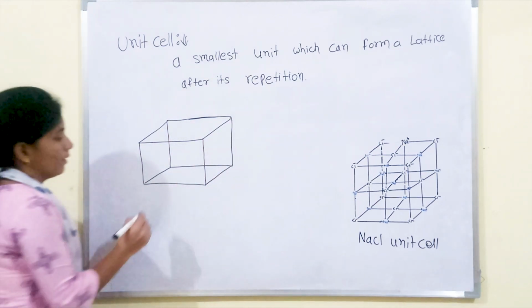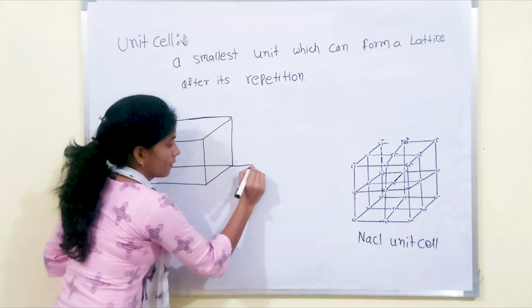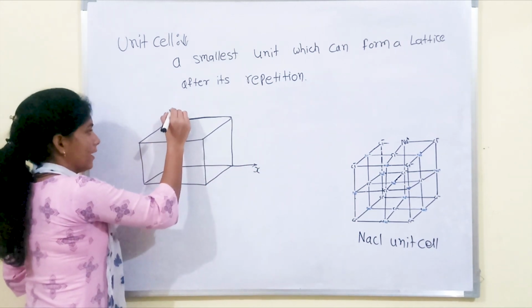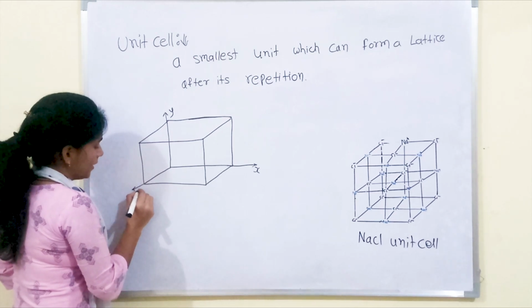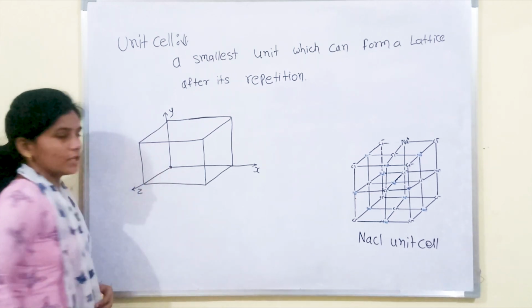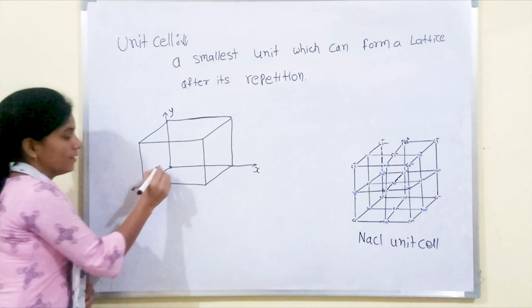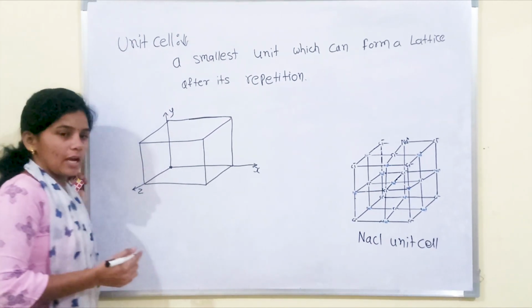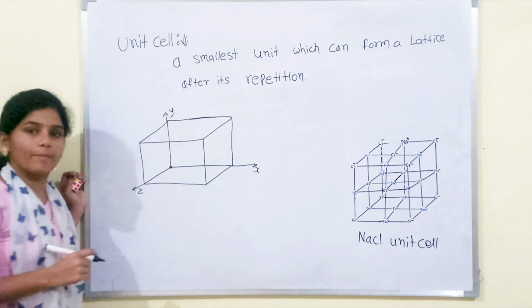This is the x axis, this is the y axis and this is the z axis, and this is the origin of the three axes. The unit length or edge along the x axis is represented by a vector.